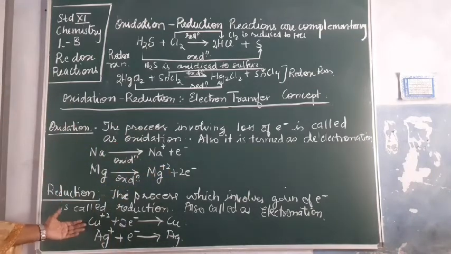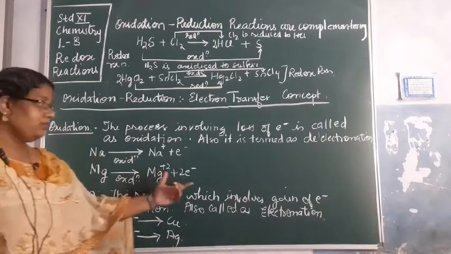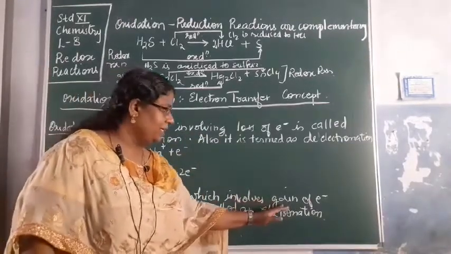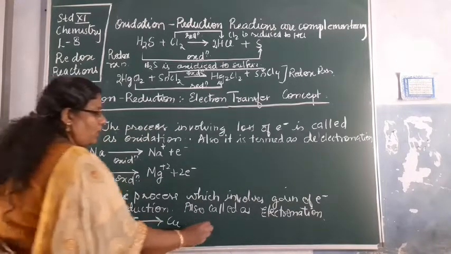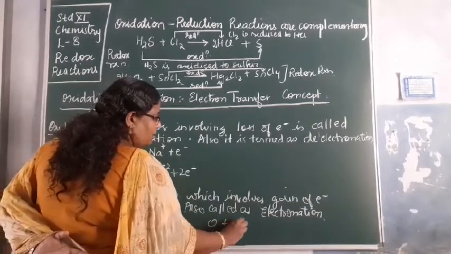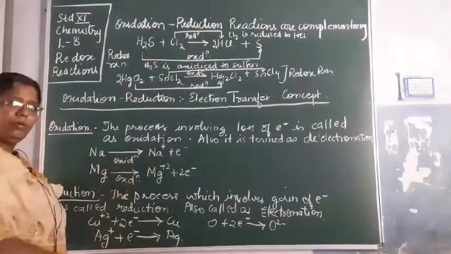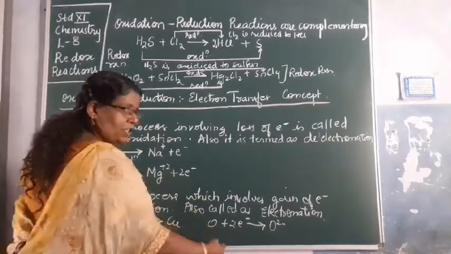Here what you have seen? That an ion is gaining electron. So the process in which an atom or an ion gains electron, here we saw it with ions, but similarly we can also see it with atoms. Oxygen will take 2 electrons and go into O2 minus. Here the atom gained an electron. So this is a reduction reaction.